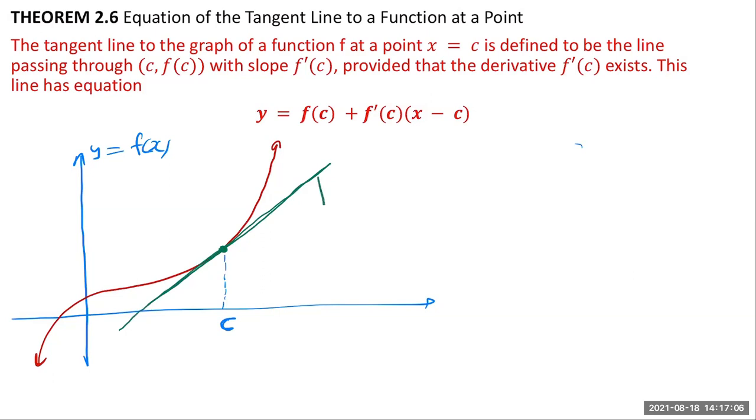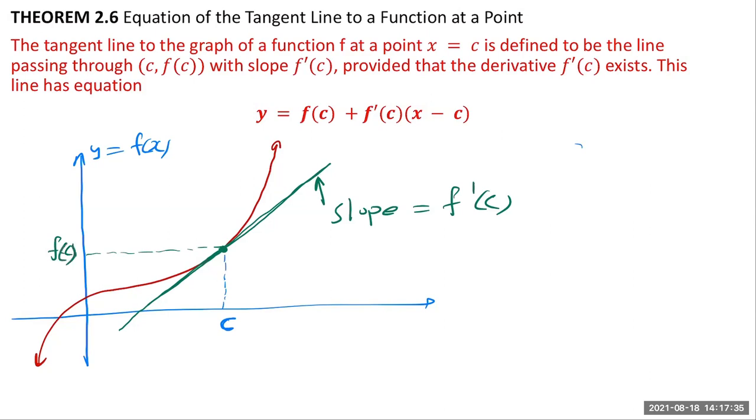But we know by our previous arguments that the slope of this tangent line is f prime of c, that is the derivative at x equals c. By definition, the derivative at x equals c is the slope of the tangent to f of x at x equals c. So I know the slope of this line. And I also know that this y value is f of c.